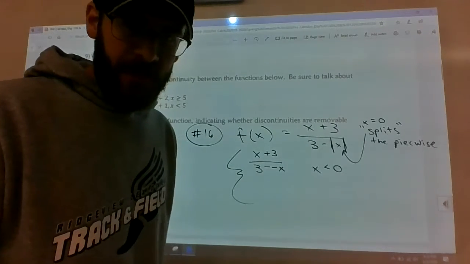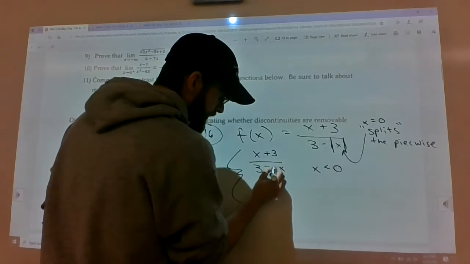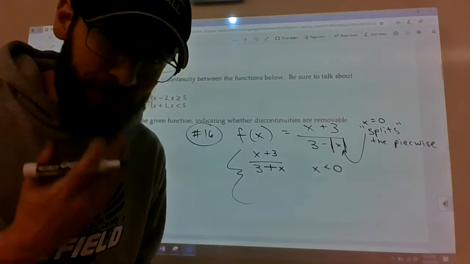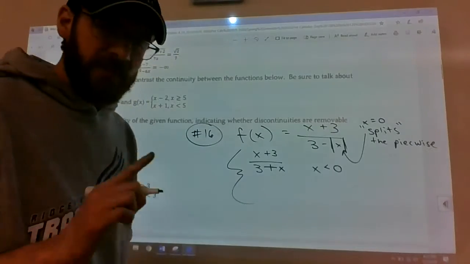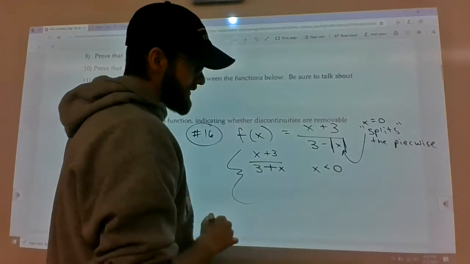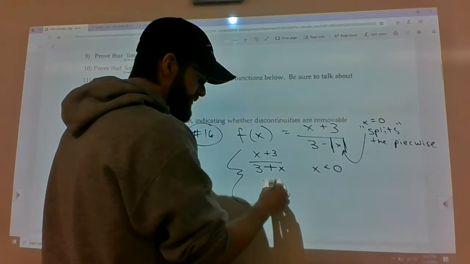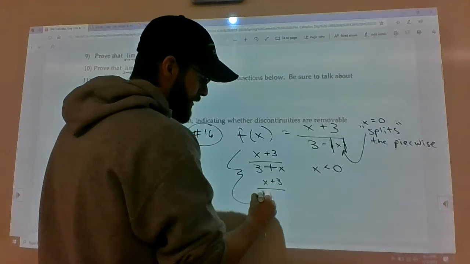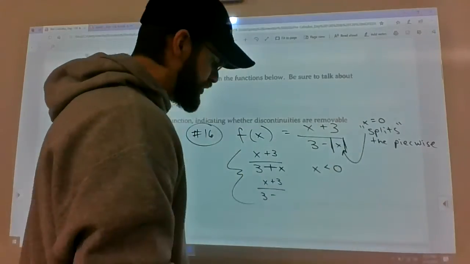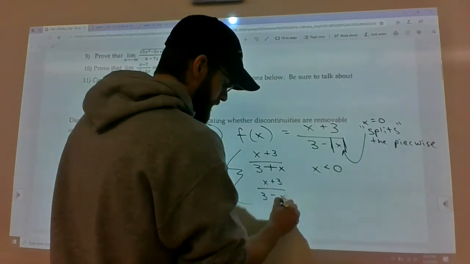How about we just call it 3 plus x? Oh, x plus 3 over 3 plus x, it cancels. But let me just wait before I do that. From the right, it's going to be x plus 3 over 3 minus, again, it has positive x behavior to the right, so you leave it unchanged.